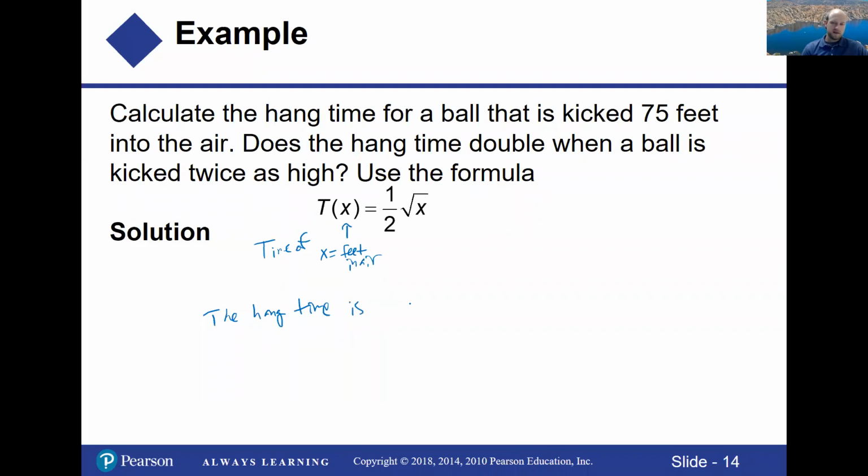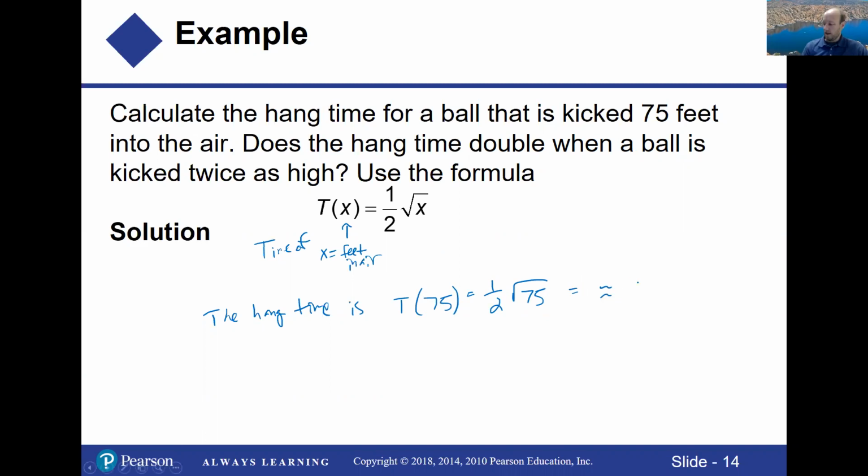So if it's 75 feet, we're just going to plug in 75 for x and then simplify this down. Actually, let me save some room here. I'll just keep going to the side. You again type this into your calculator.